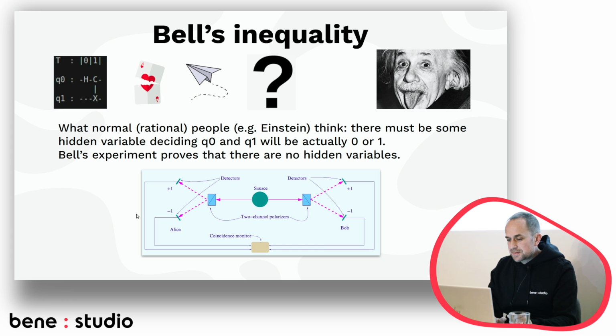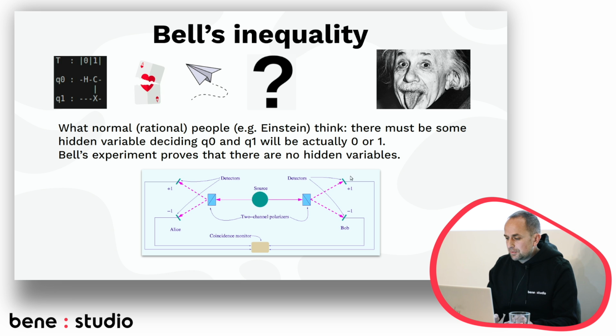And then Alice and Bob measure the polarization of the photon, the qubit, and then these results are compared. It can be shown that if whether the result will be 1 or 0 is determined at the source, there should be more coincidence than not.